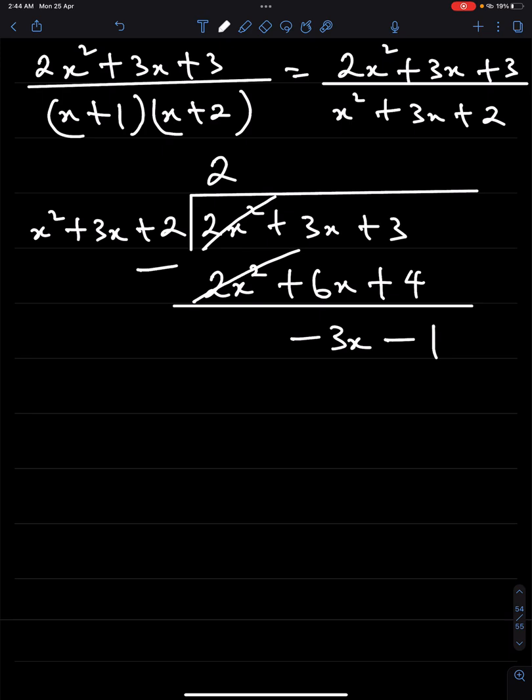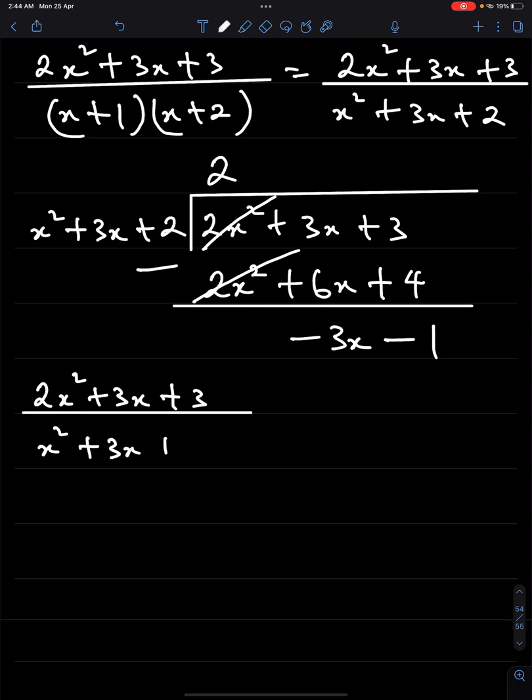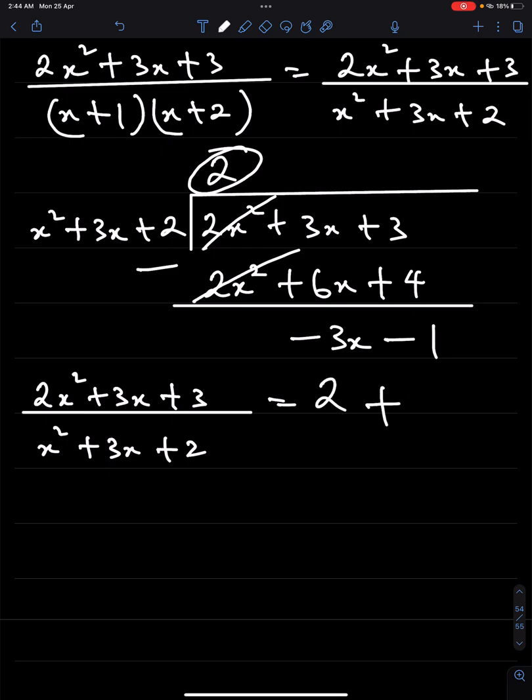So that means the answer is, that simply means 2x squared plus 3x plus 3 divided by x squared plus 3x plus 2 is the same as, what you do here is write the quotient, that's 2 plus, then you write another fraction, that is this remainder all over the divisor.